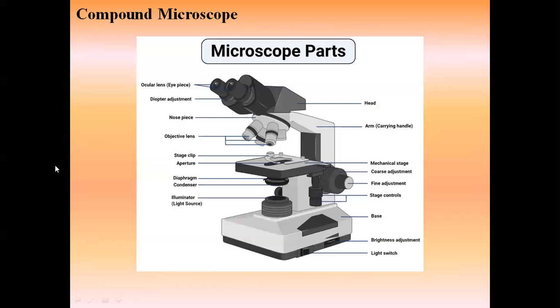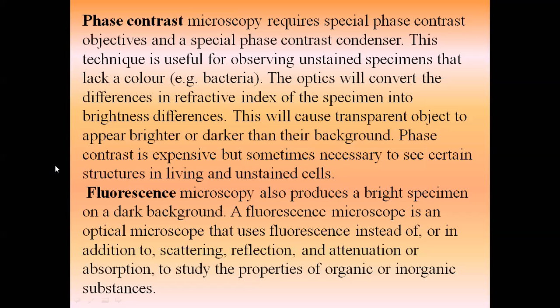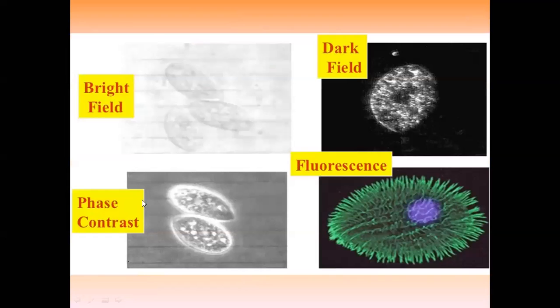In the previous slide we can see this phase contrast. If you don't choose the phase contrast microscope, whatever sample you are looking at, you will not be able to see, because it is transparent in nature.